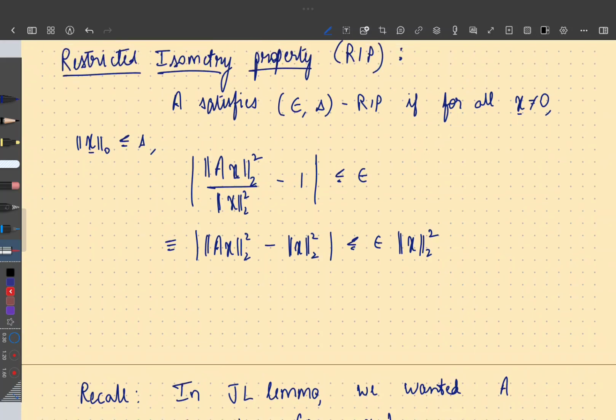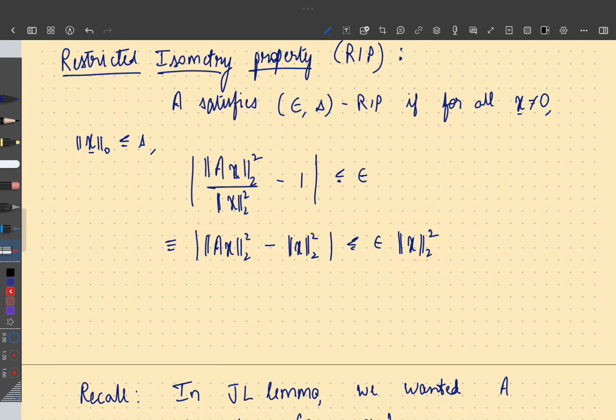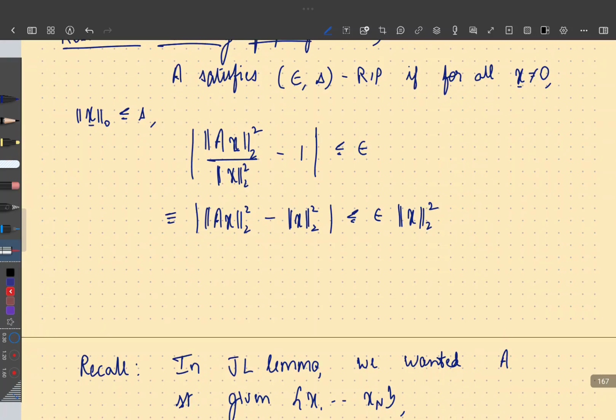If we fixed one particular vector x, and chose A to be, let's say, a matrix with IID sub-Gaussian entries, then the probability that this does not happen for a fixed x will decay exponentially in the dimension. But the problem where we get stuck is that you can't take a union bound over all possible S sparse vectors.